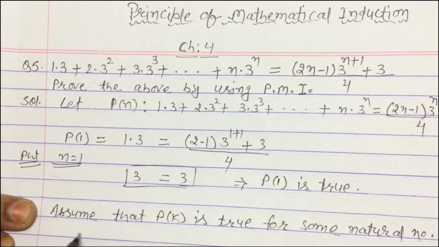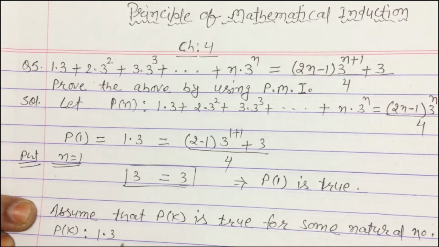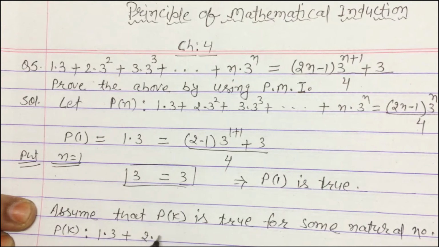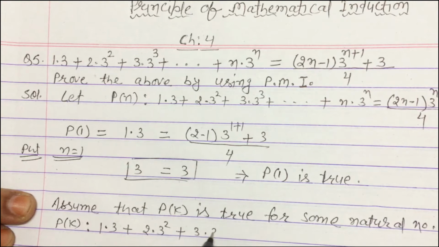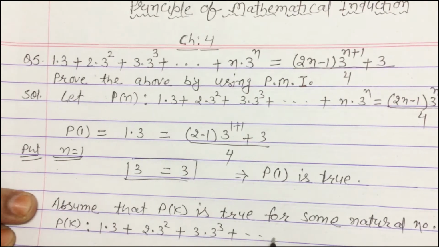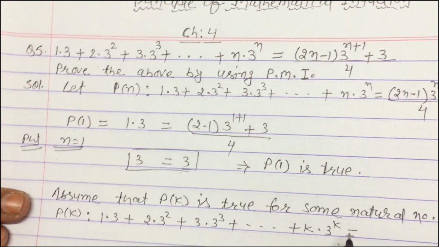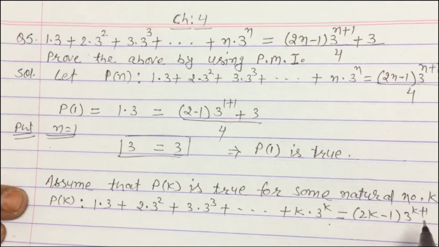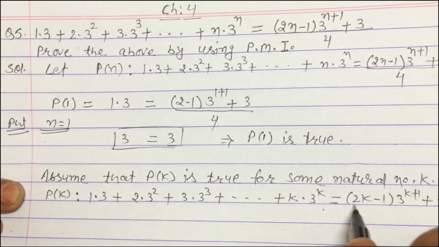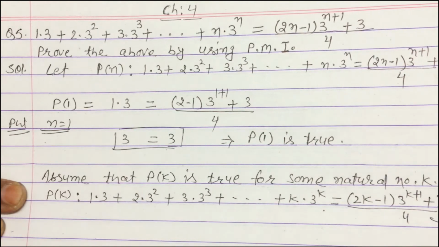So here it is 1 into 3 plus 2 into 3 square plus here 3 into 3 cube plus up to k into 3 raised k, is equal to (2k minus 1) 3 raised k plus 1, plus 3 by 4. Let it be the equation first.